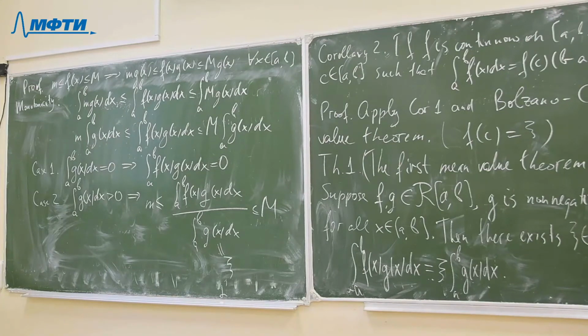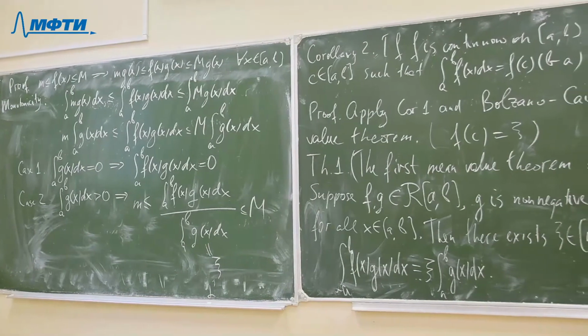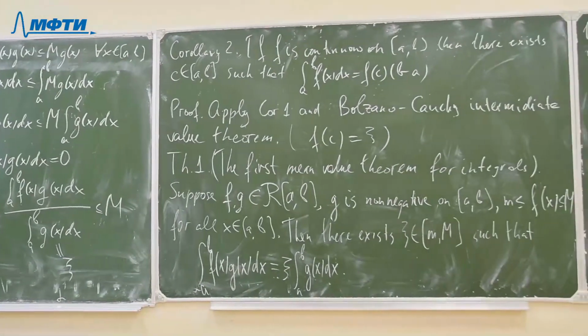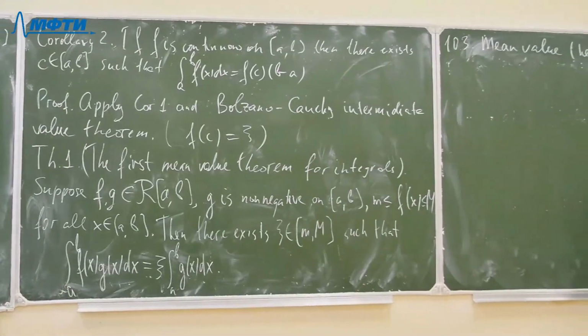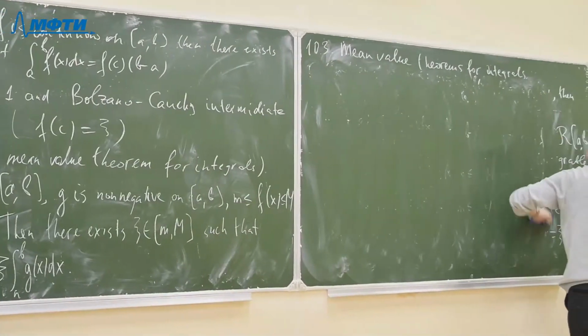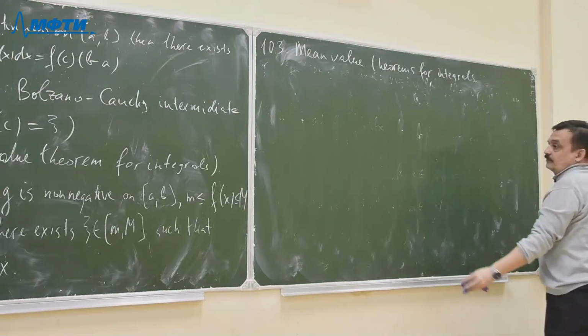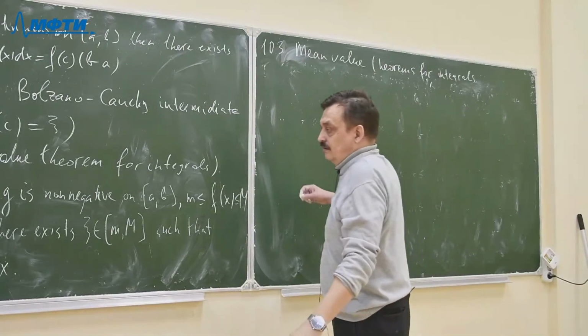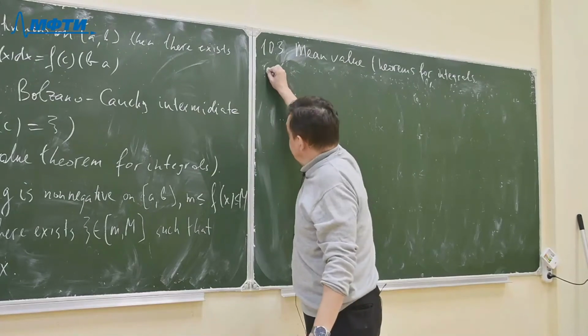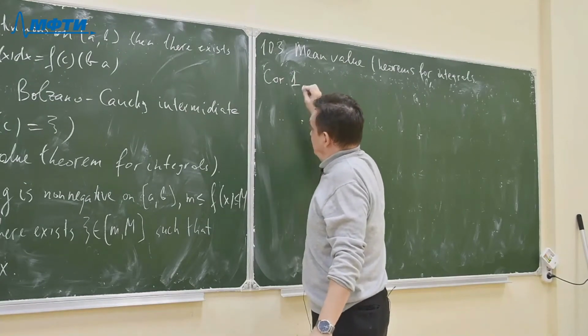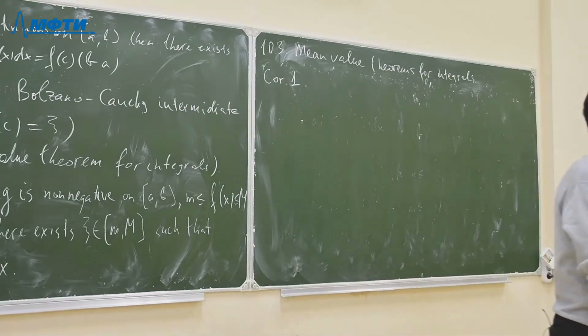So, corollary. Corollary 1 is precisely what we said before about estimation.